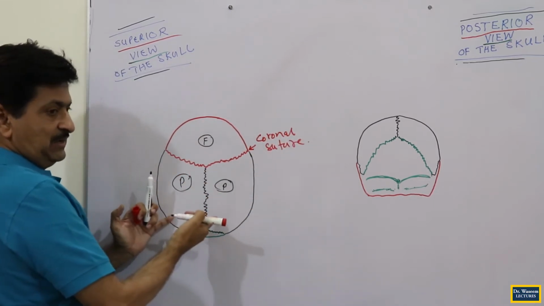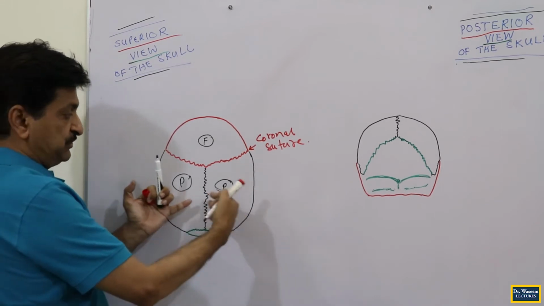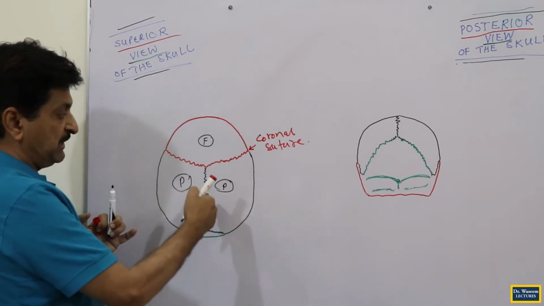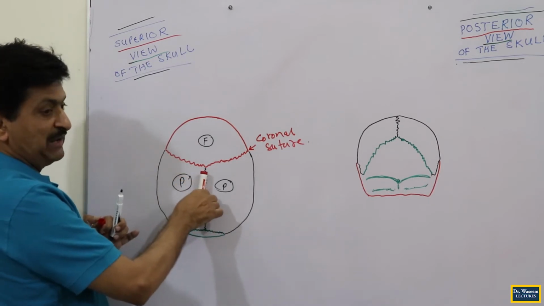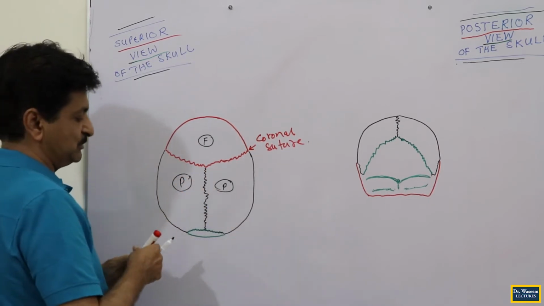And on the back side, you are watching the two parietal bones joining with each other by means of the interparietal suture, and because this suture is lying in a sagittal plane, it is called the sagittal suture.